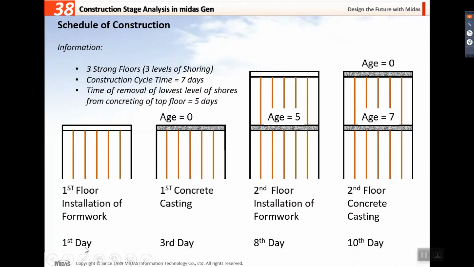From this figure, on the first day, the formwork is installed. After the third day, the concrete is cast, so the age of concrete here will be 0. On the 8th day, or after 5 days, the formwork for the second floor is installed.